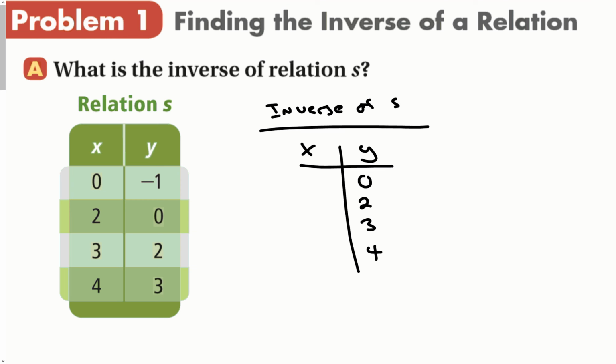And I take every y and make them x's: 0, 2, 3. So instead of 0, -1, I have -1, 0. Instead of 2, 0, I have 0, 2. And you get the idea.